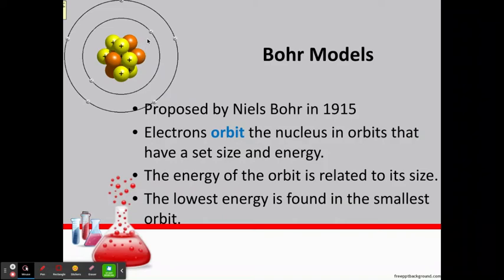The lowest energy is closest to the nucleus and has the smallest orbit, and further out would be higher energy. If you think about horses racing around the track, you'll use less energy the closer you are to the track, right? And more energy if you have to move out.